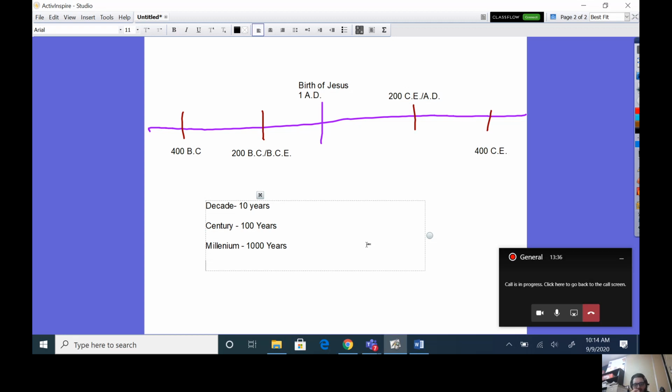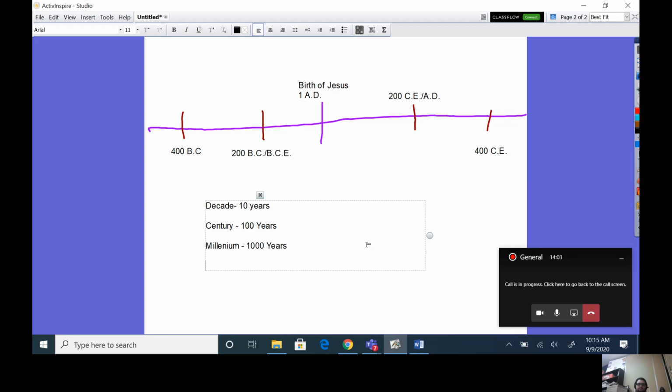All right, so now we have looked at the abbreviations for a timeline. We know that circa means approximately. AD is Anno Domini, or after the birth of Jesus, in the year of the Lord. CE is Common Era, which is that same time period. BC is before Christ. BCE is before Common Era. Decades, 10 years.